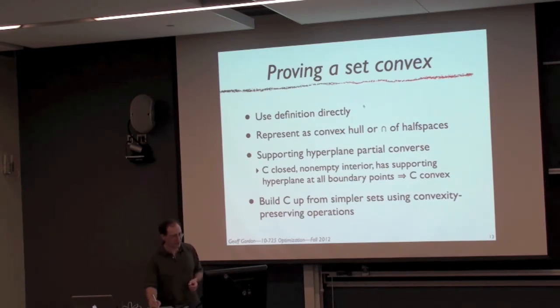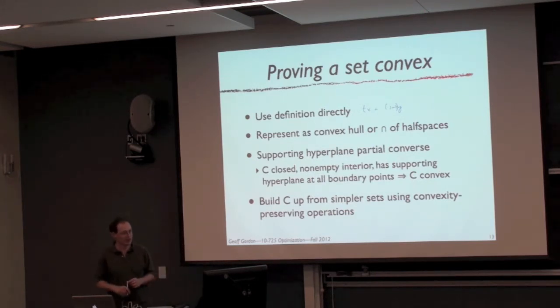So you just write down tx plus (1 minus t)y, and you prove that that's in C, given the assumption that x and y are both in C. You can use the primal or the dual representations, right? So you can represent it as a convex hull of some set of points or an intersection of some set of half spaces. So either one of those representations might be easier to work with than the direct definition.